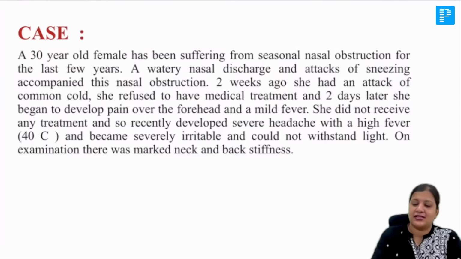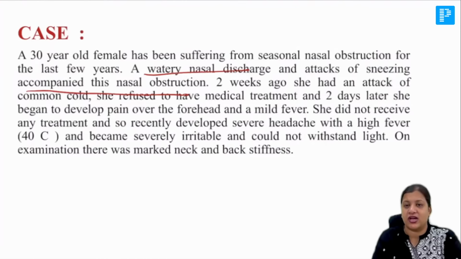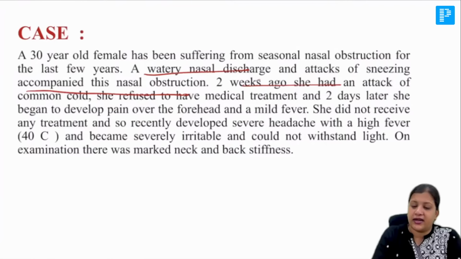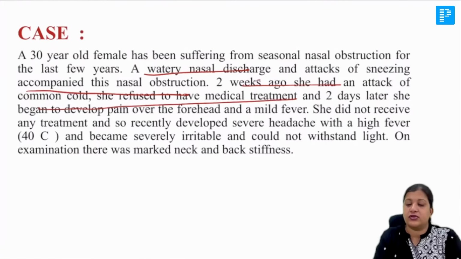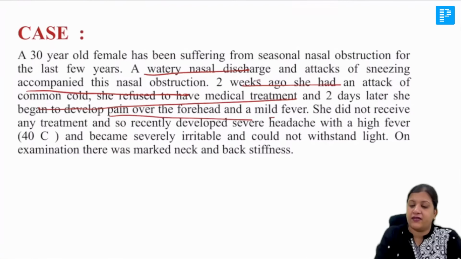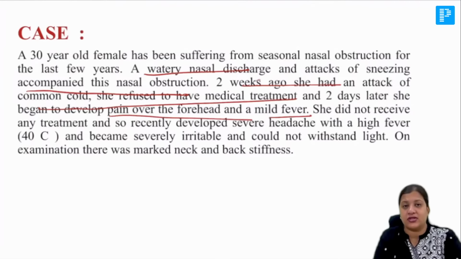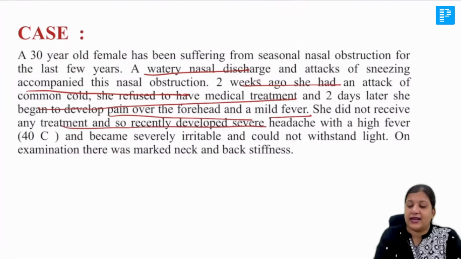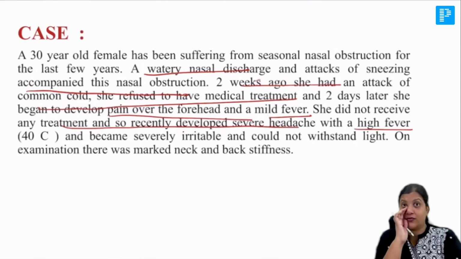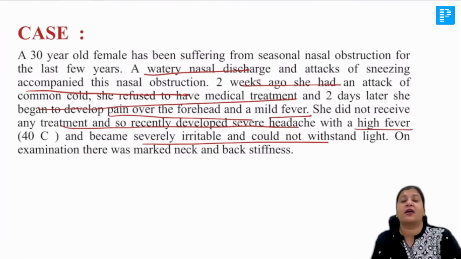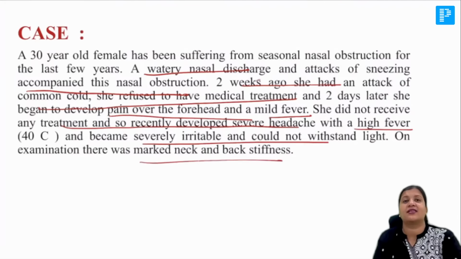The patient had probably rhinitis because of which there was nasal obstruction and nasal discharge. Later, there was an attack of common cold that she refused to take medical treatment. Pain over the forehead and fever indicates to you frontal sinusitis. And recently, she developed severe headache with high grade fever, indicating the spread of infection from the frontal sinus to the frontal lobe, causing meningitis, where the patient could not withstand light and had become highly irritable with marked neck stiffness.